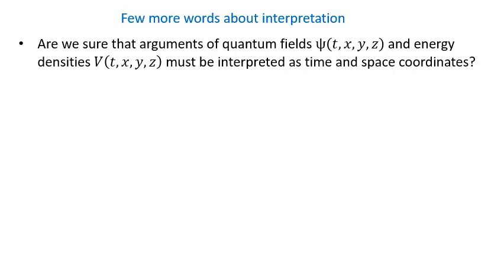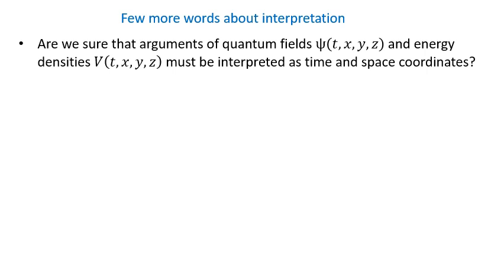Let me say a few final words about the physical interpretation of QFT. When we wrote expressions for quantum fields and potential energy densities, we silently assumed that their arguments are related to the time and position components.